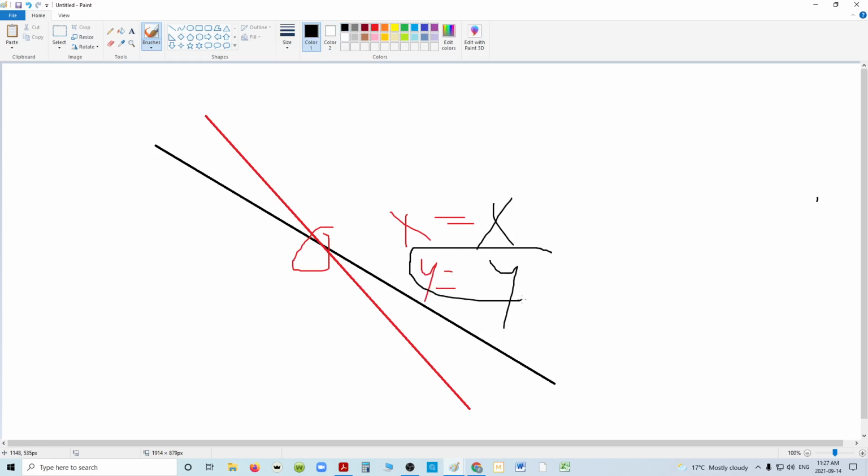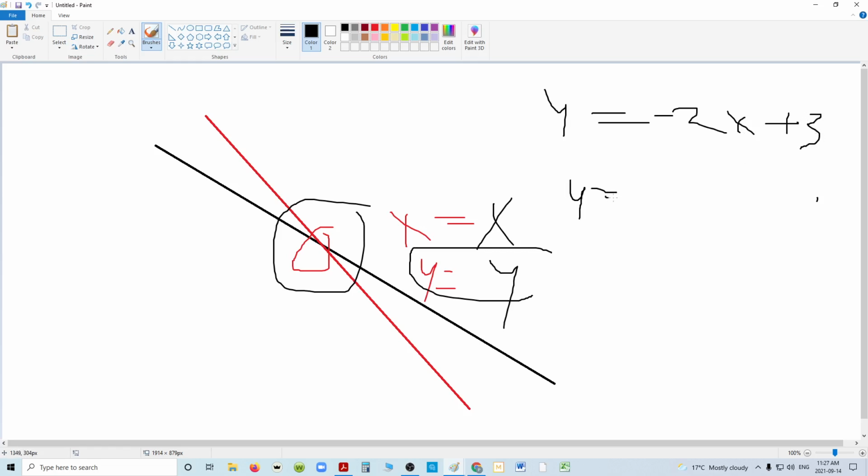Well, what's interesting about this is that it's the only point they will share the same x and y value. That means if I have a formula for one, let's say minus 2x plus 3, and I have another formula for the other, let's say minus 4x plus 4, I've just determined they only meet where their y's are equal.